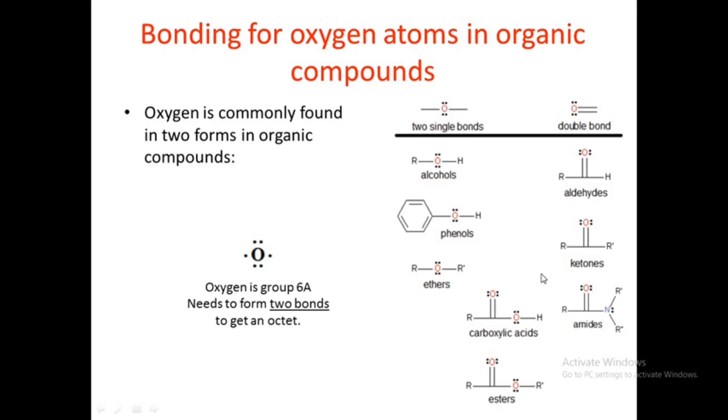Okay? So organic compounds containing double bond of oxygen are aldehydes, ketones, carboxylic acids, amides and esters. And about them we will study in our next chapter, that is chapter 12, aldehydes, ketones and carboxylic acid.